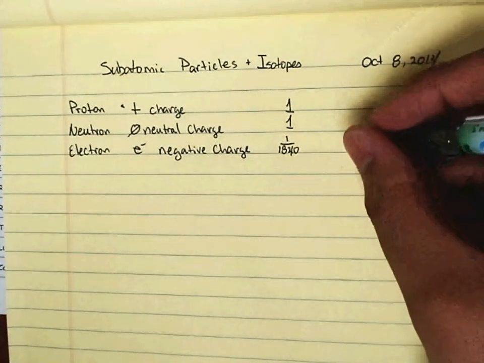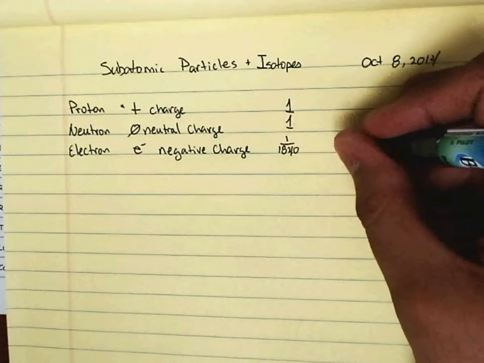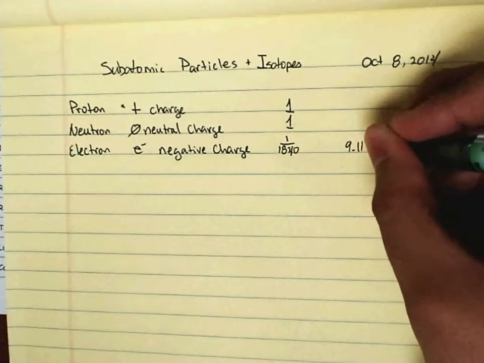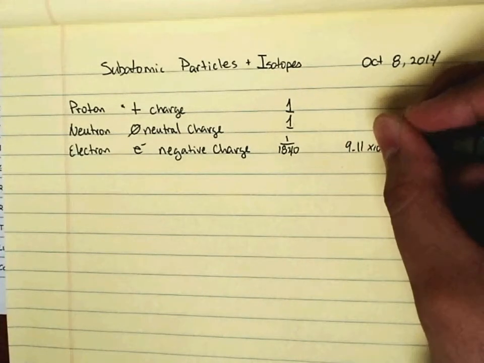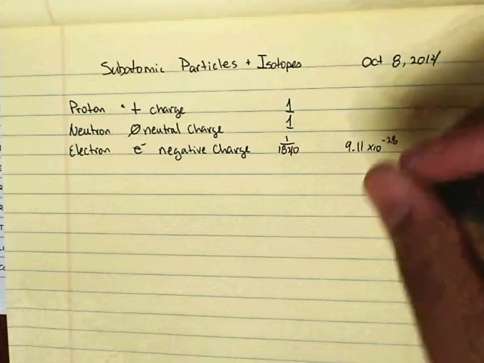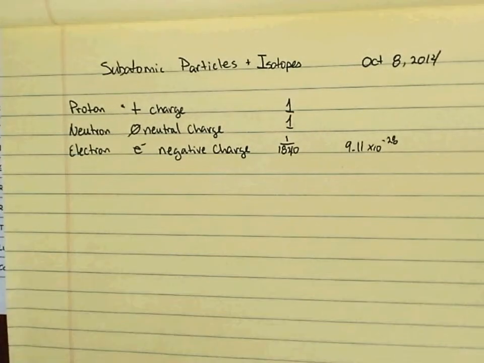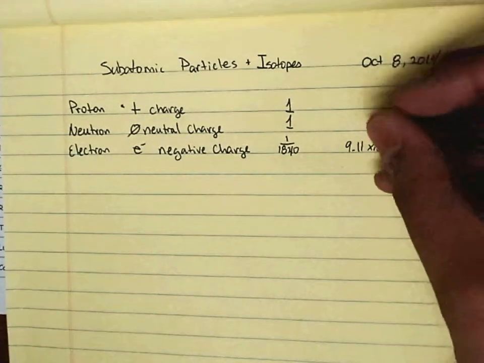The actual masses are very, very different. The actual mass of the electron is very small. It's 9.11 times 10 to the negative 28. So we would add 27 zeros in front of this.